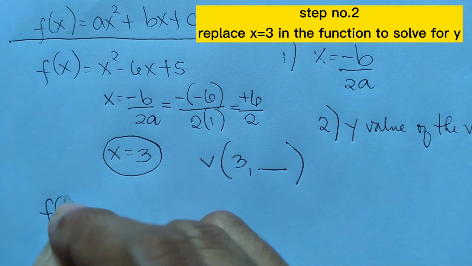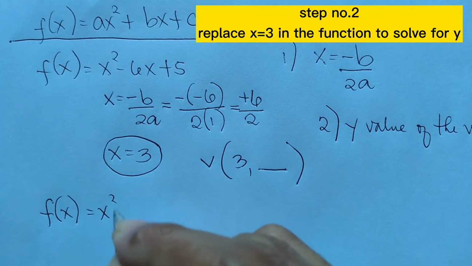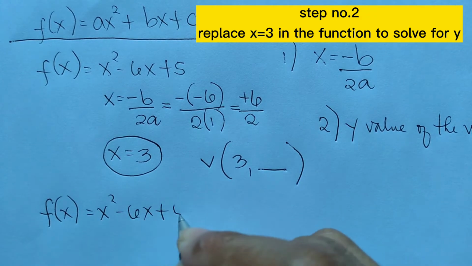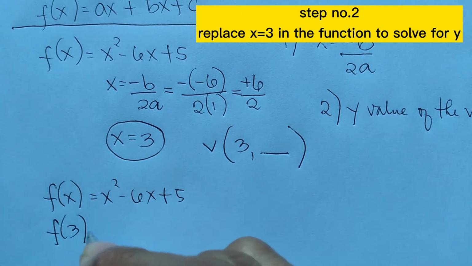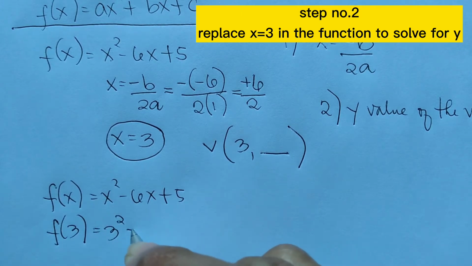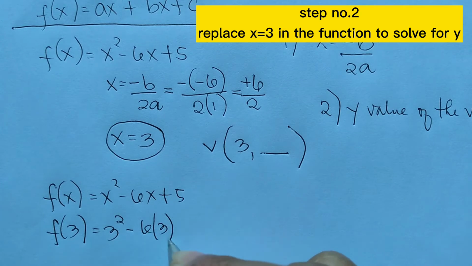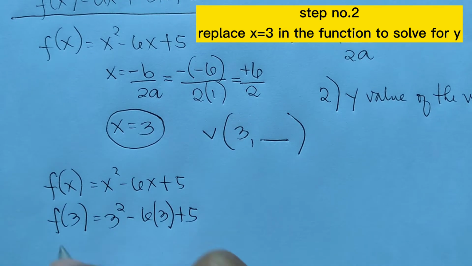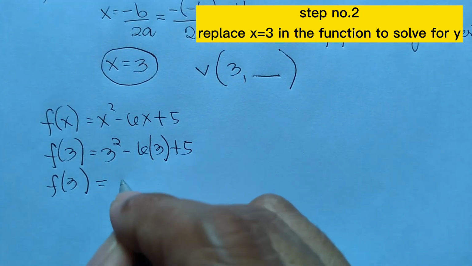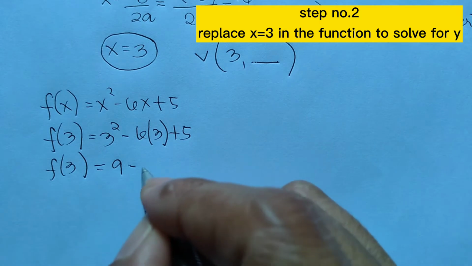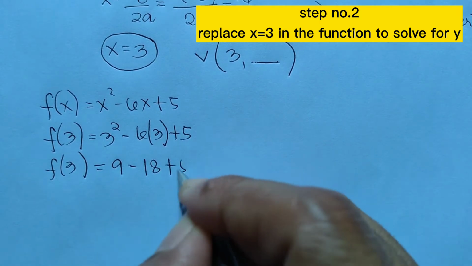So, f of x is equal to x squared minus 6x plus 5. So, f of 3 is equal to 3 squared minus 6 times 3 plus 5. Then, f of 3 is equal to 3 squared is 9 minus 6 times 3 is 18 plus 5.